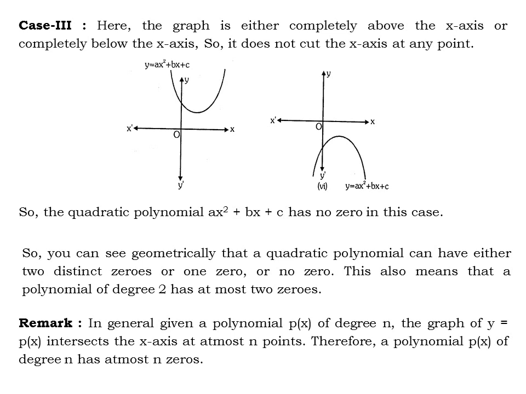So what this remark is saying is, if the polynomial is linear, we have at most 1 zero. If it is quadratic, we have at most two zeros. If it is cubic, it is at most 3, and if it is biquadratic, we have at most 4 zeros of the polynomial.